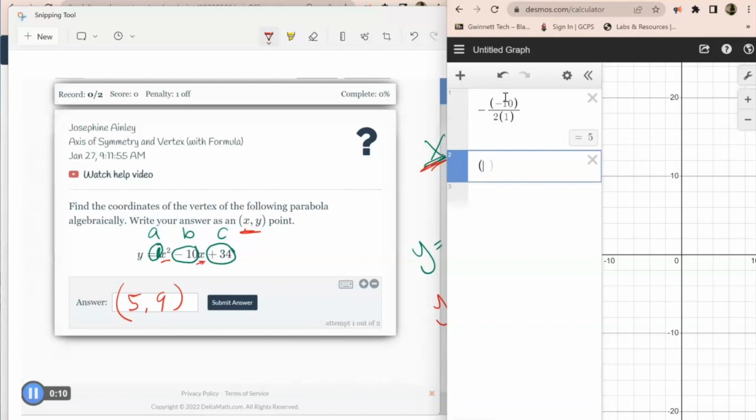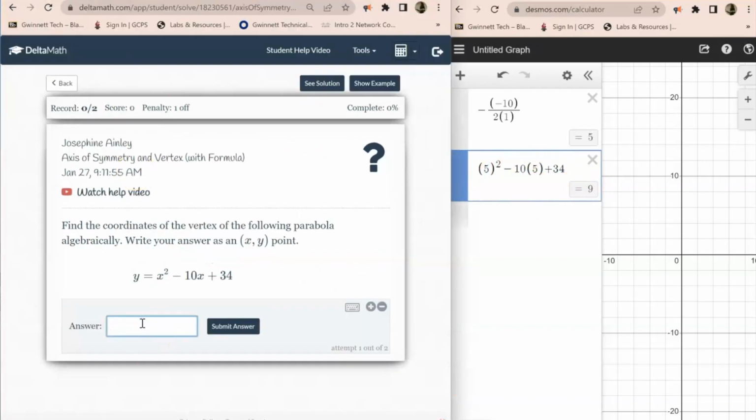Then you're going to type in this equation instead of doing it by hand: parentheses squared minus 10 parentheses plus 34, and you're just going to put in the 5 there to see what happens. So 5, 5, so 9. So your answer is 5, 9. So you put parentheses 5, 9.